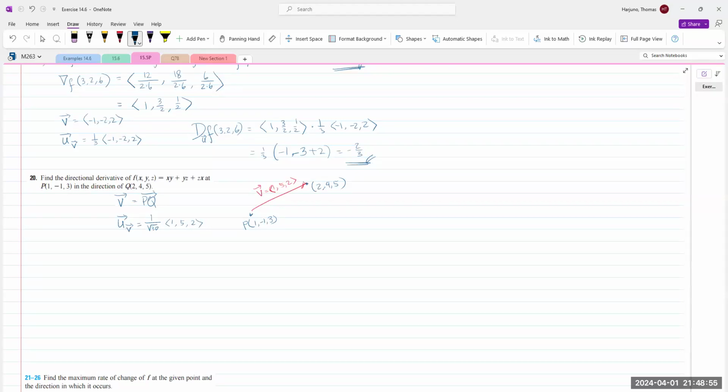Now the gradient of f will be, we do derivative with respect to x, that's y plus z, and then x plus z, and for the z component there will be x plus y.